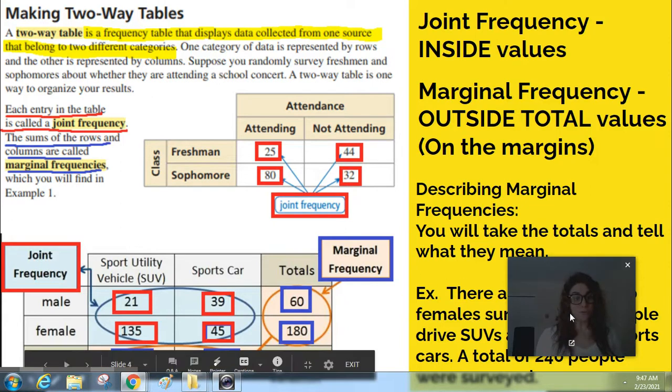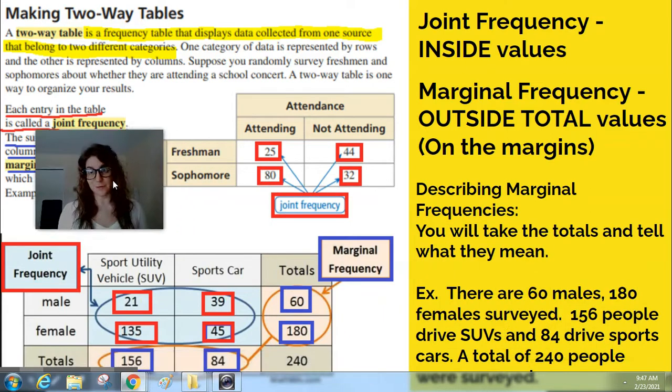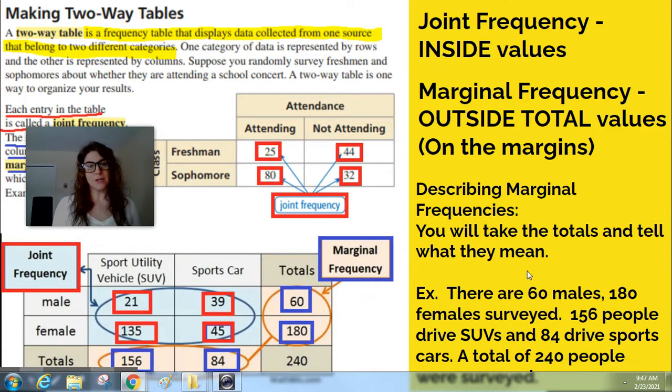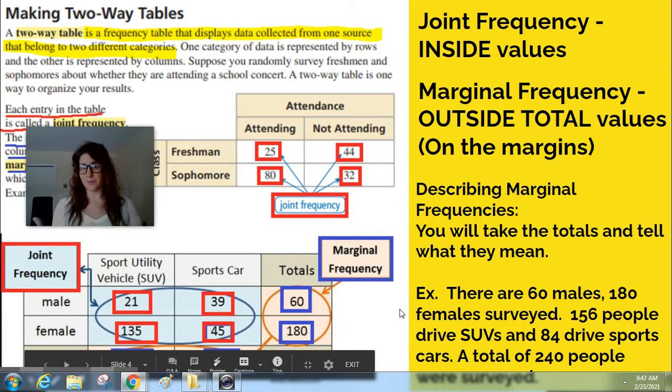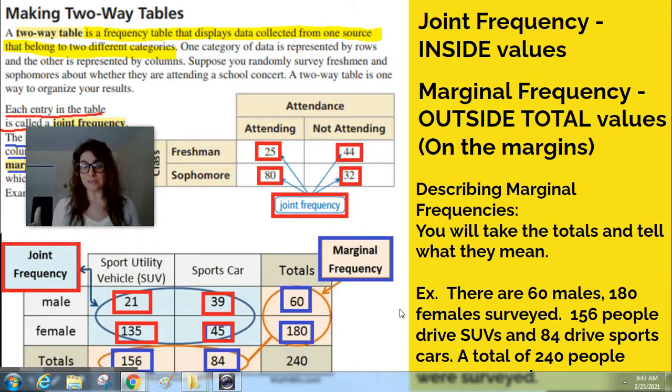When you have to describe your frequencies, okay, I'm going to move myself over here for a moment. When you describe your marginal frequencies, you basically tell what they mean, talk about each component. So in this bottom one, which talks about males and females and the cars they drive, I can just get that from looking at the data. I can tell based off the marginal frequencies, there were 60 males surveyed, 180 females surveyed.